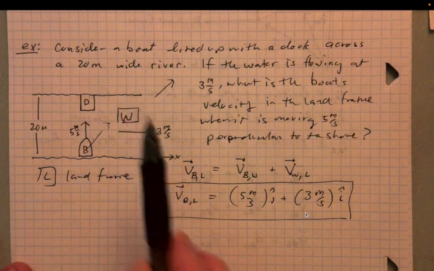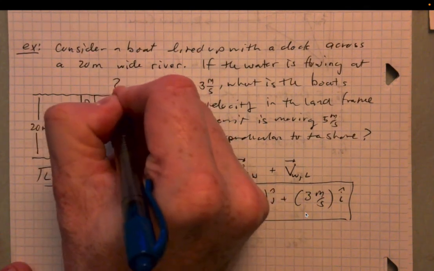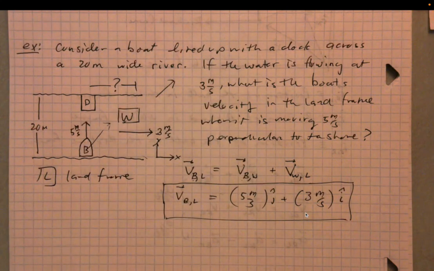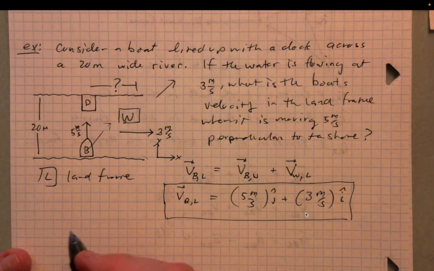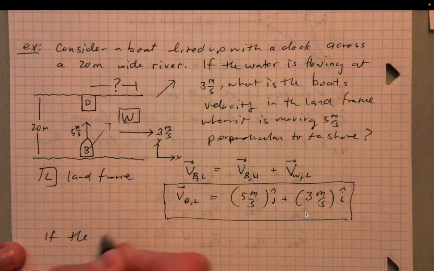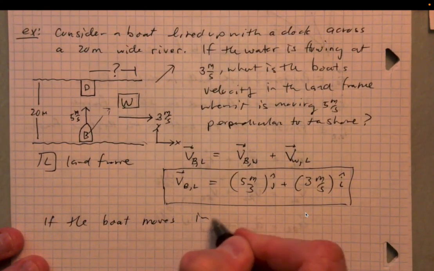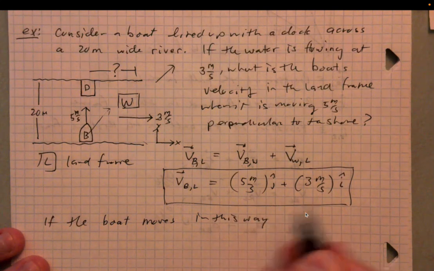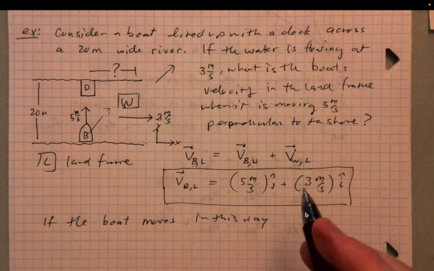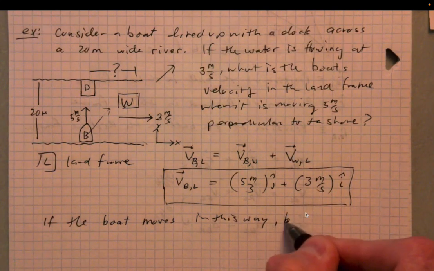It's going to land some distance downstream. So what we want to know is how far downstream does the boat actually hit the opposite shore? So if the boat moves in this way, by how much will it miss the dock?